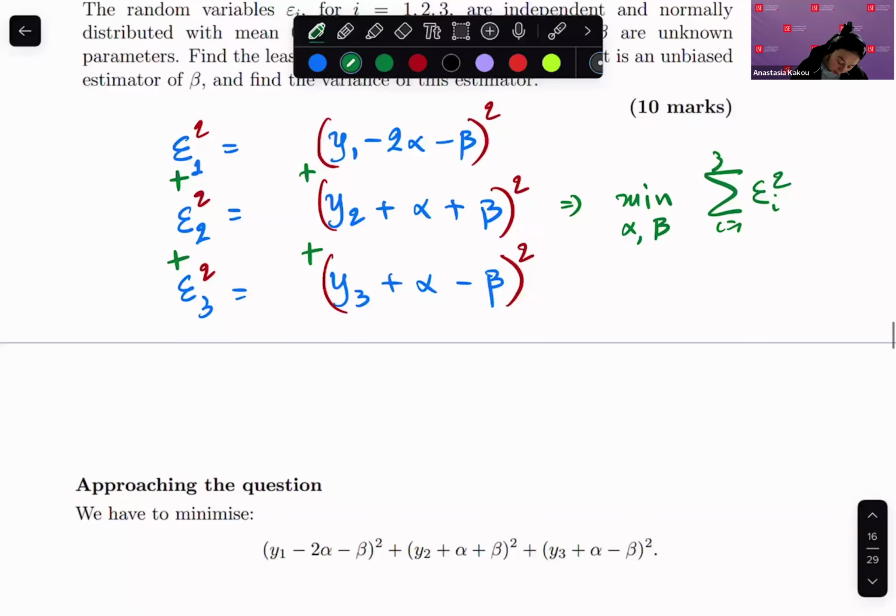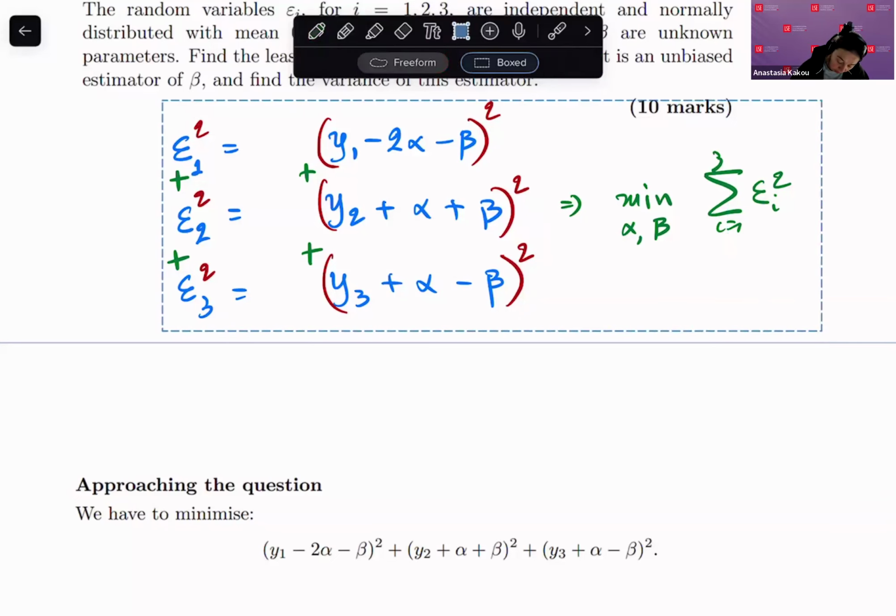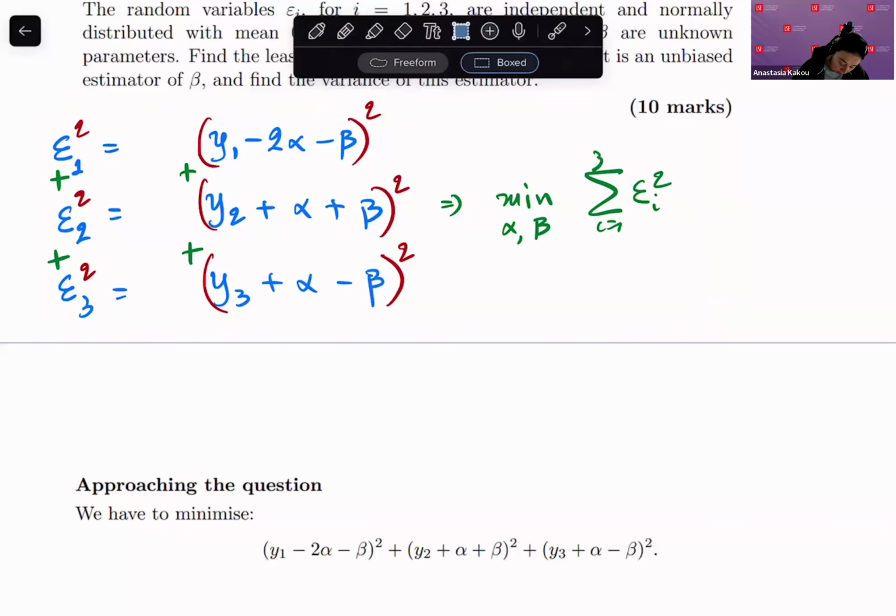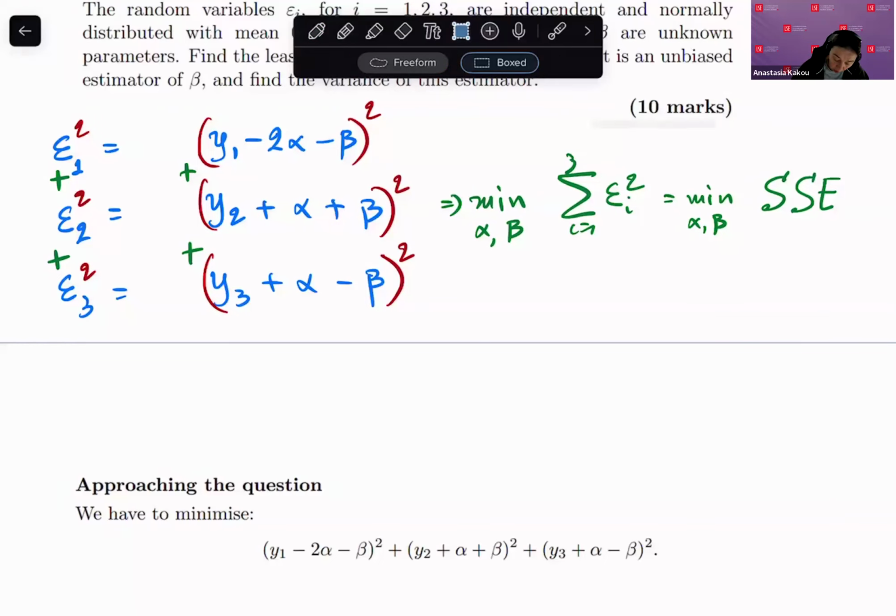How do we minimize this? We minimize by taking partial derivatives. So if I call this summation, minimize with respect to A and B of that sum of squared errors, that sum of squared errors is a function of A and B, alpha and beta.